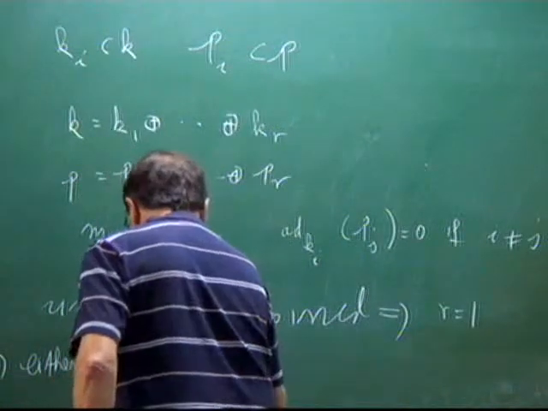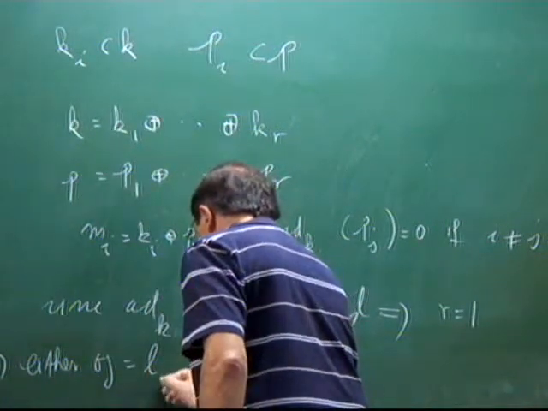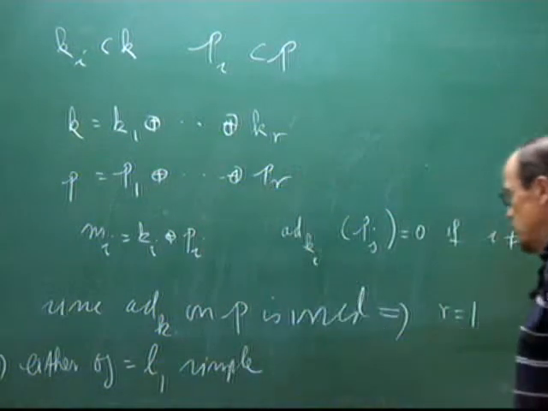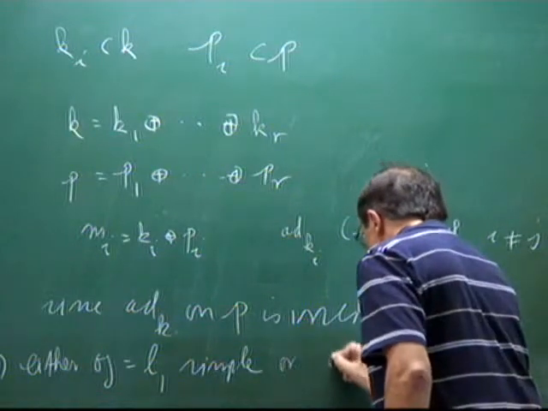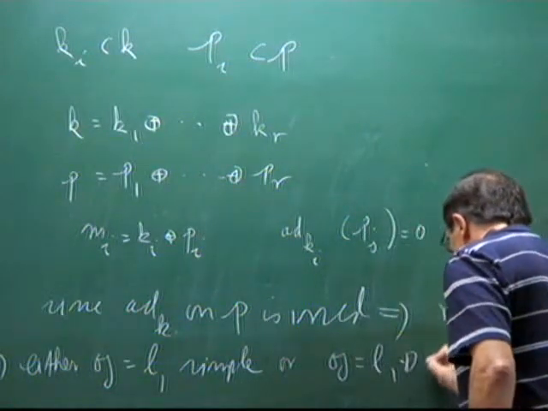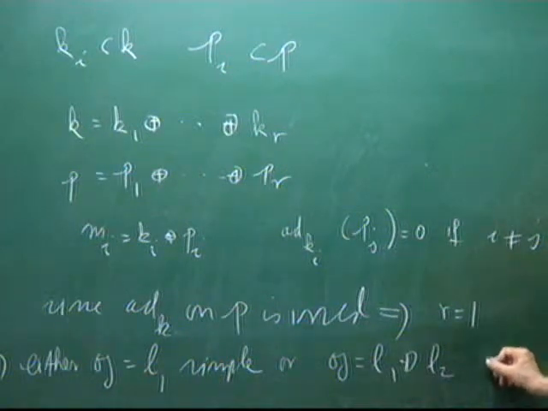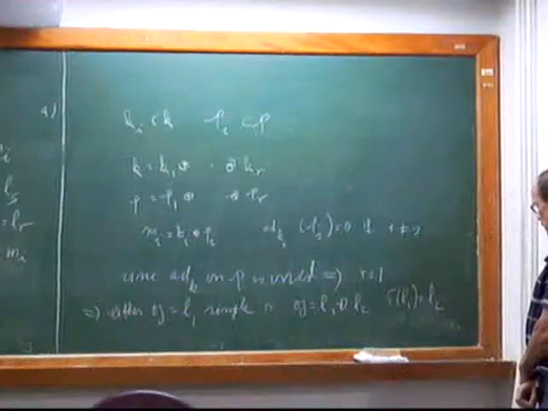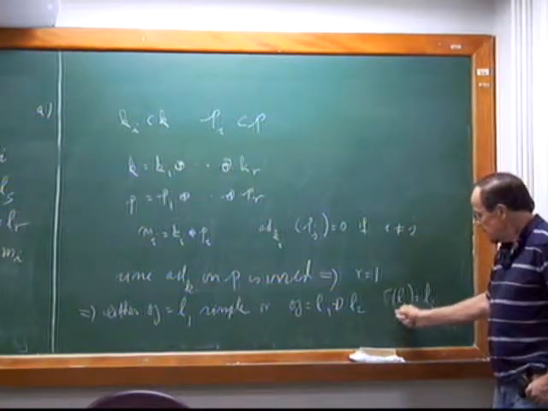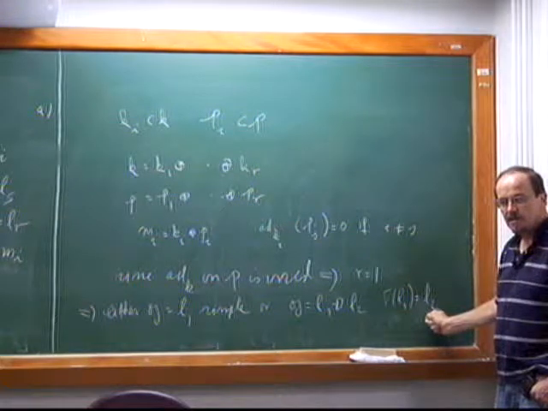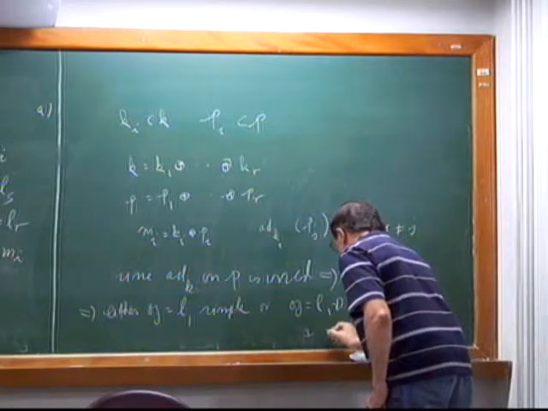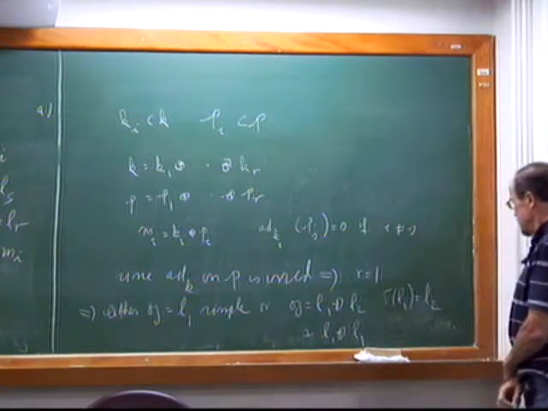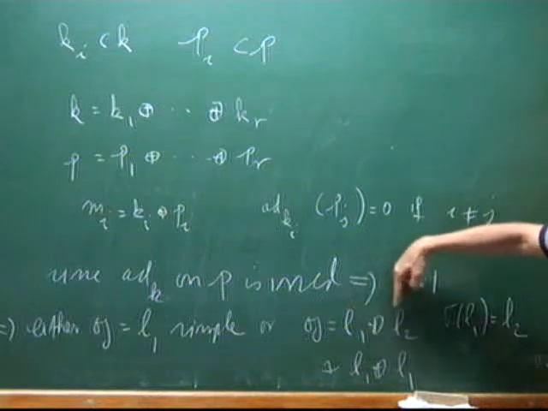What was r? r was the number of factors mi, and remember mi is either one Lj or two of them. This implies that either g is equal to Li, so L1 say, and is simple, and that's one possibility in the theorem, or g is equal to L1 direct sum L2, and sigma of L1 is equal to L2. So that means I can think of sigma as an isomorphism between L1 and L2. So I claim this therefore is isomorphic to L1 direct sum L1, just using the identity on the first one and sigma on the second one.